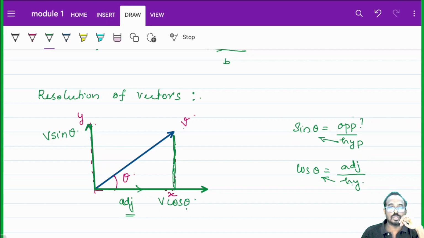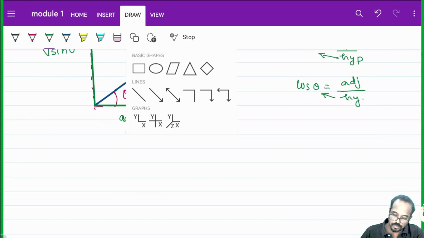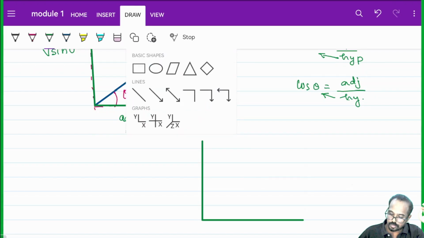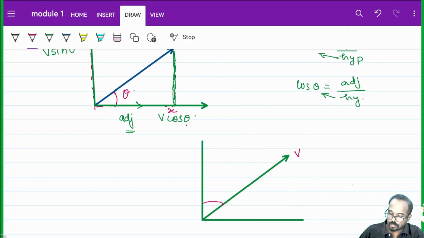So V sin theta. Don't memorize that the horizontal direction is always the cos theta component and the vertical direction is the sin theta component. It need not be like that. It depends on the angle you are considering. For example, the same velocity V, the angle given is now theta here.